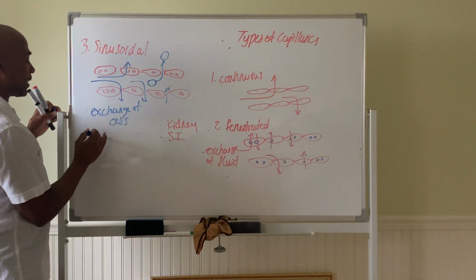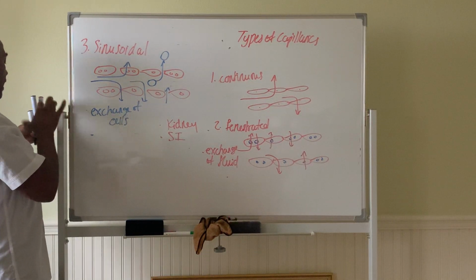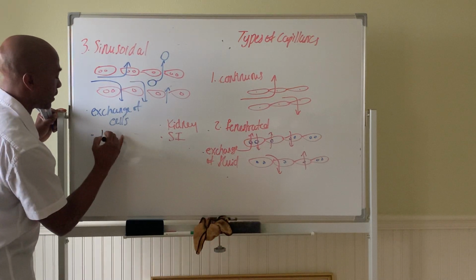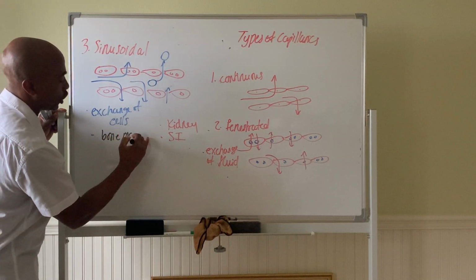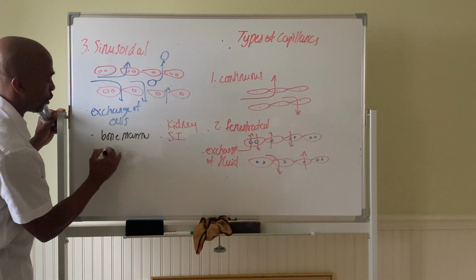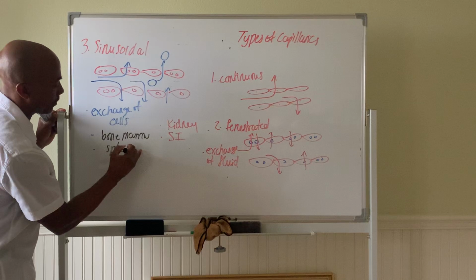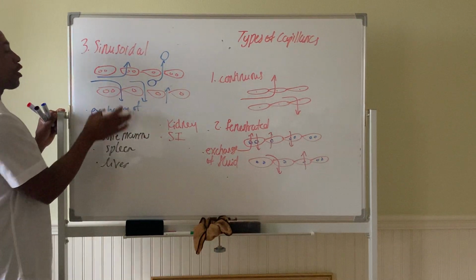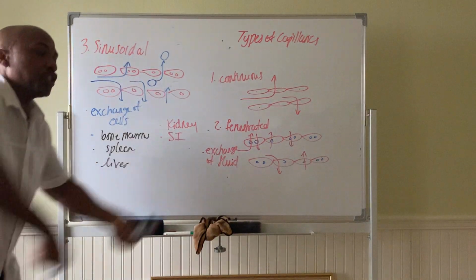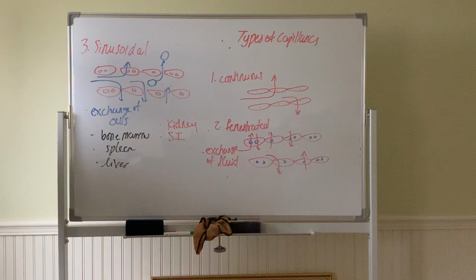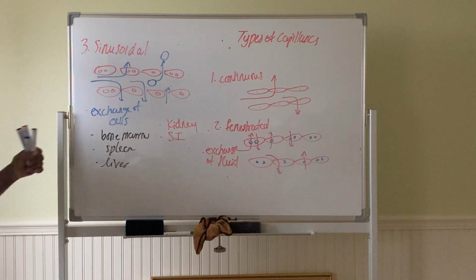So you find it in places like your bone marrow, to exchange your RBCs and your white blood cells. Same is true for your spleen and liver. These are organs that require cells to be pushed into the blood and taken out of the blood. So those are your three forms of capillaries. Let's pause.